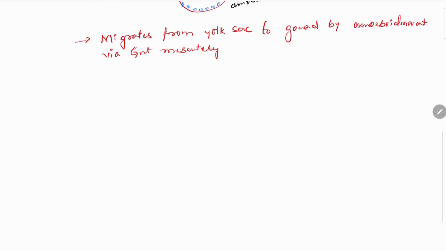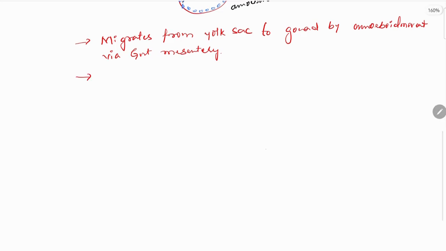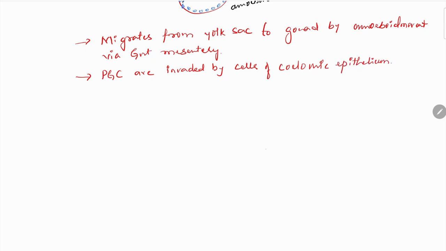Then we write that PGCs, after moving onto the surface of the ovary, are invaded by cells of the coelomic epithelium, or coelomic cells.